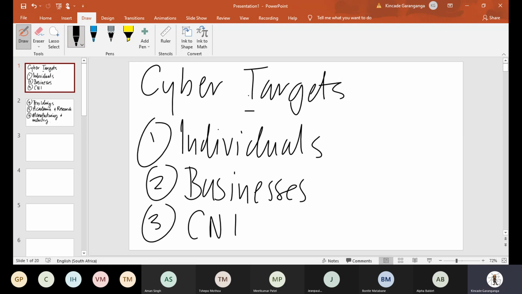And then when you look at it from a business point of view, it's a given that a lot of businesses out there, regardless of what business you're in, are more or less distinctive targets as far as cyberspace is concerned.